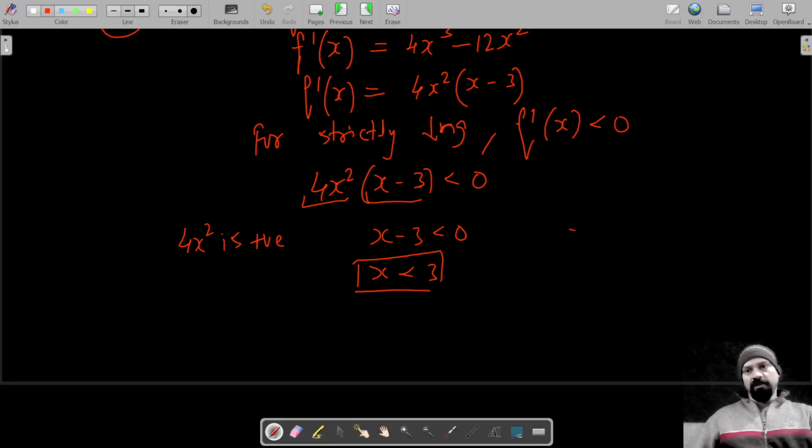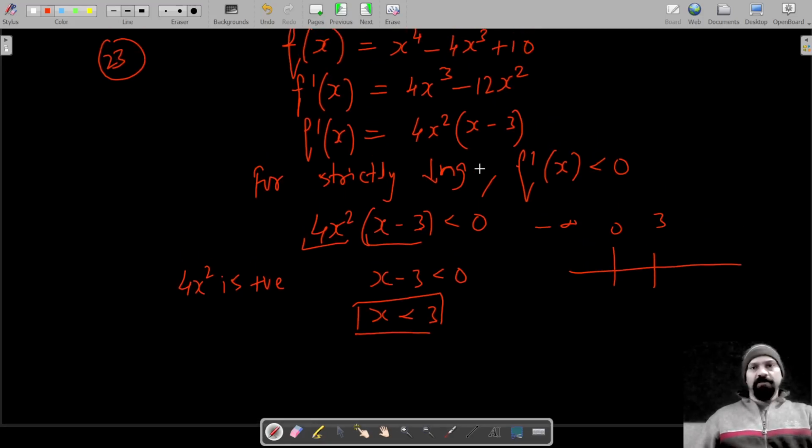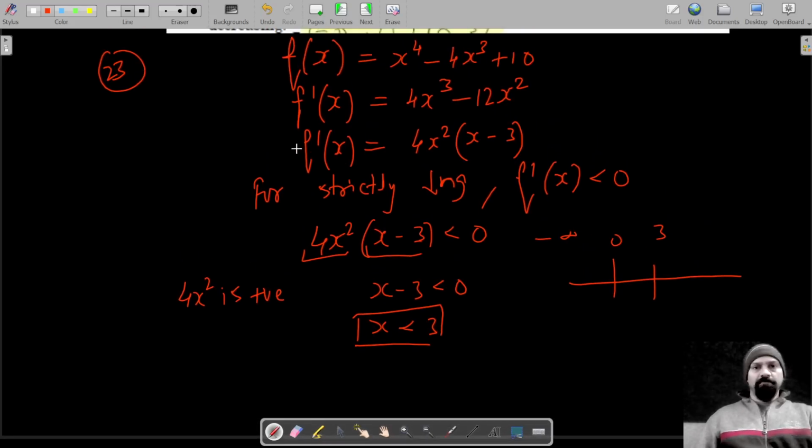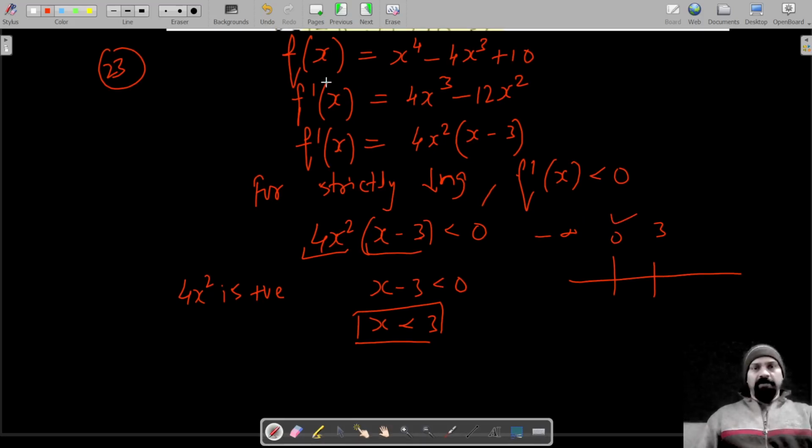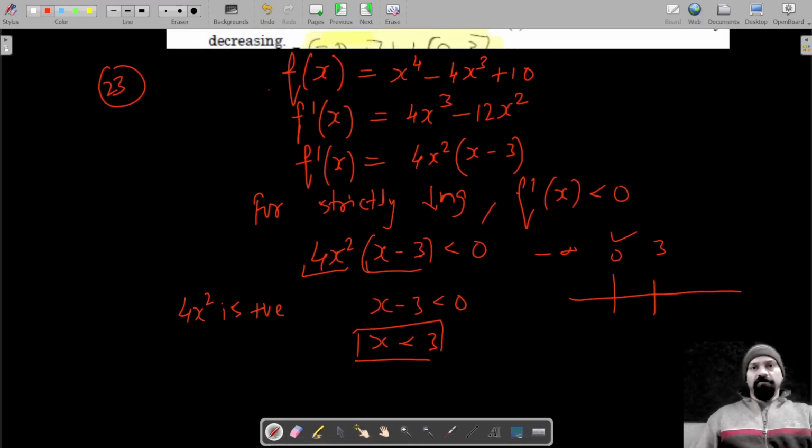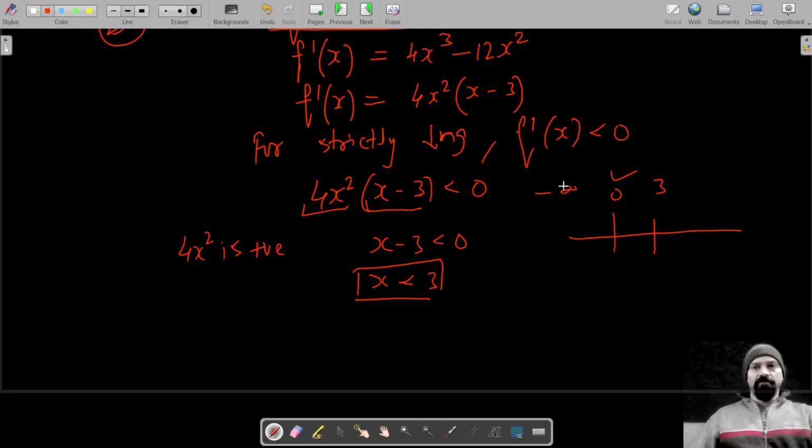So if we consider the number line, this is 3, and this side is negative, but at 0 this function becomes 0. Because if we put x equal to 0, this becomes 0, since 0 into something is 0.